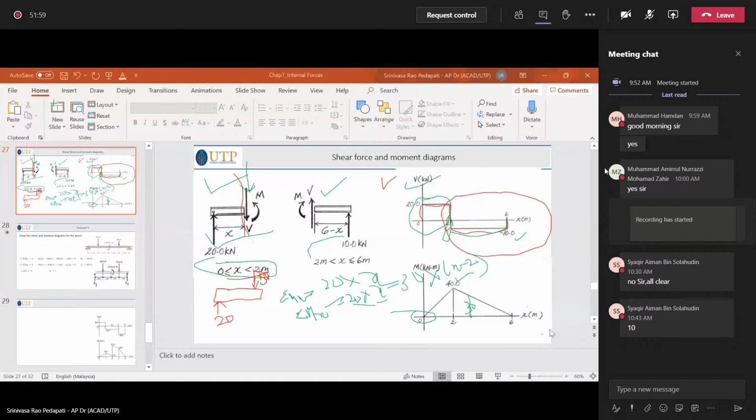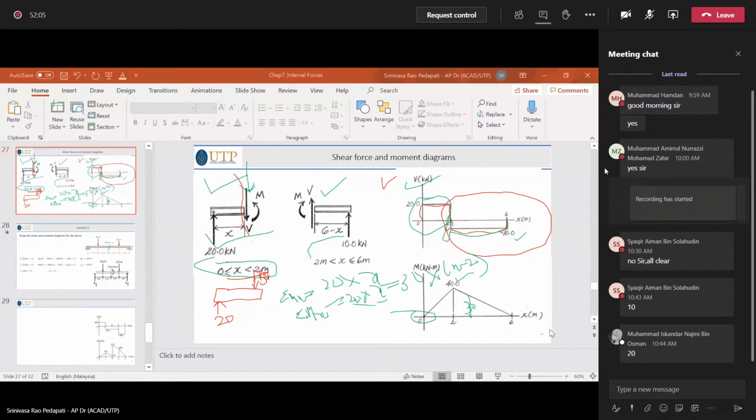Can any other student give me what is the moment? Yes, 20. Yeah, if it is 2 meters, yes, 20. So this is what we call the moment diagram, the bending moment diagram.